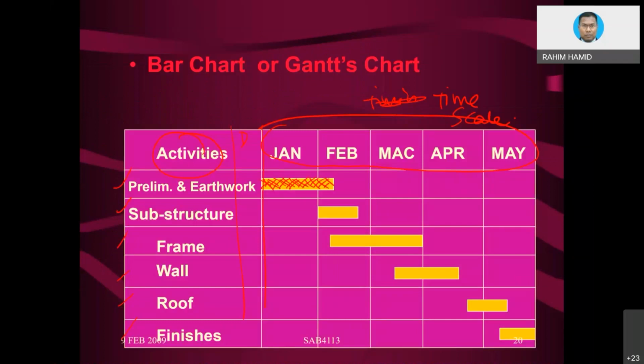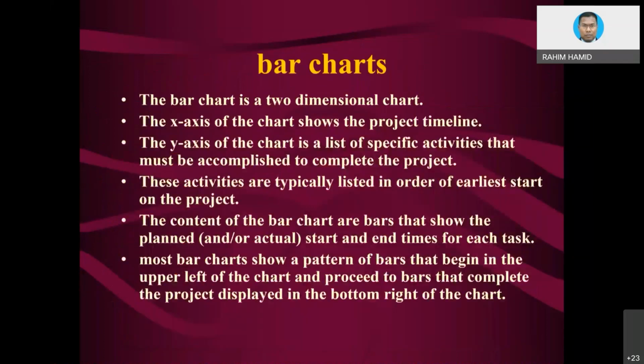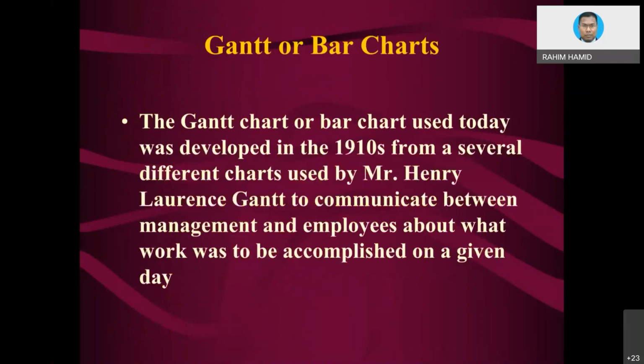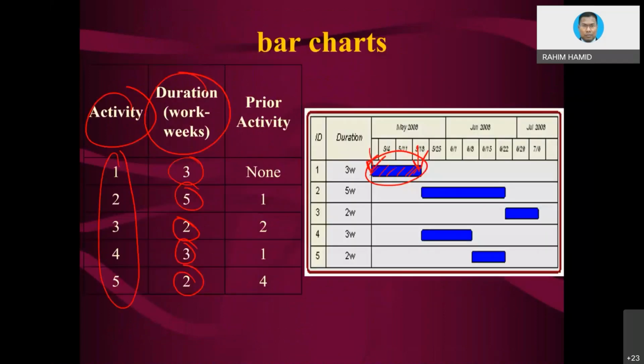Okay, all right. The next technique would be the linked bar chart or linked Gantt chart. If you take a look at this diagram, we do not link the first activity and the second activity together. So sometimes it is very hard.